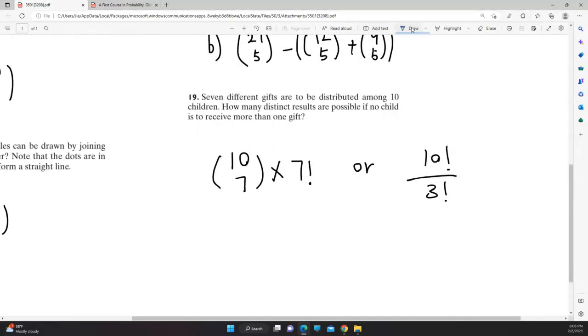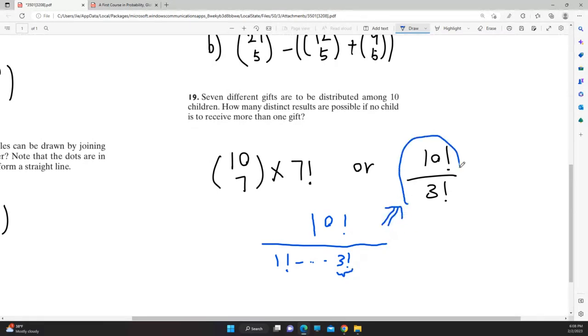So it will be 10 factorial divided by 1 factorial seven times, and then 3 factorial. This represents the children who did not receive a gift.